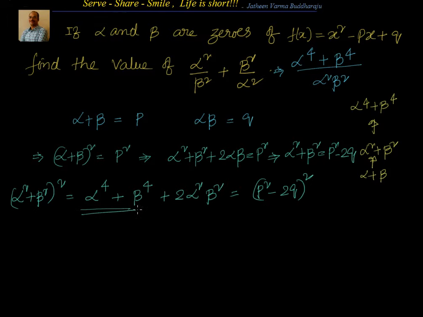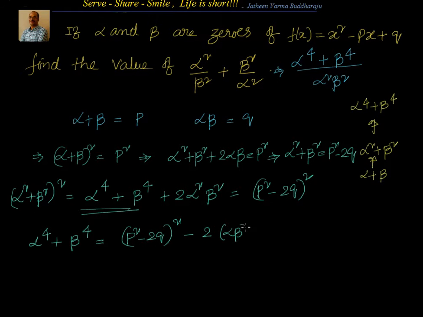What we want is alpha to the power of 4 plus beta to the power of 4. So can I write alpha to the power of 4 plus beta to the power of 4 equals p square minus 2q whole square minus 2 into alpha square beta square.